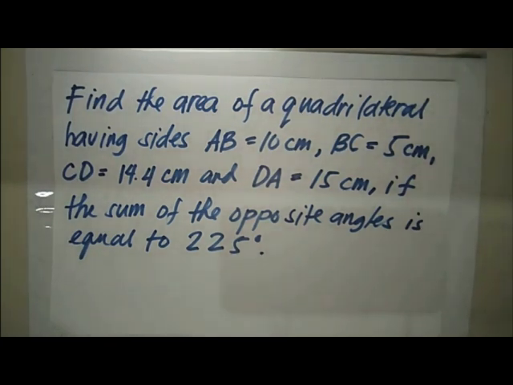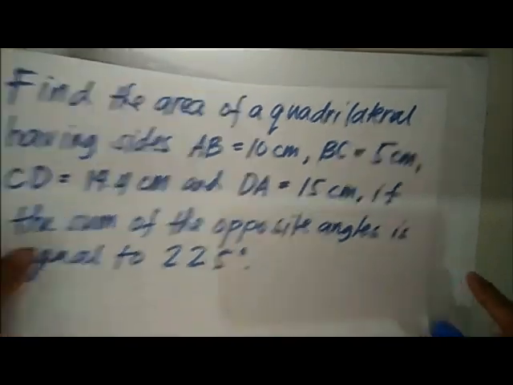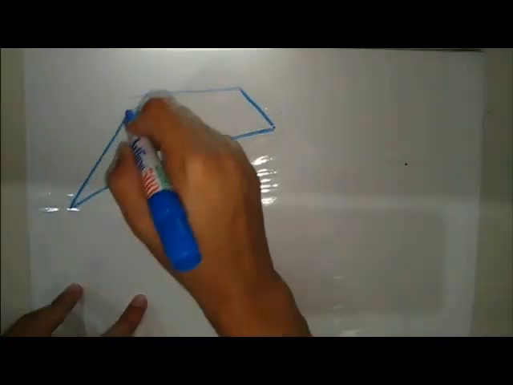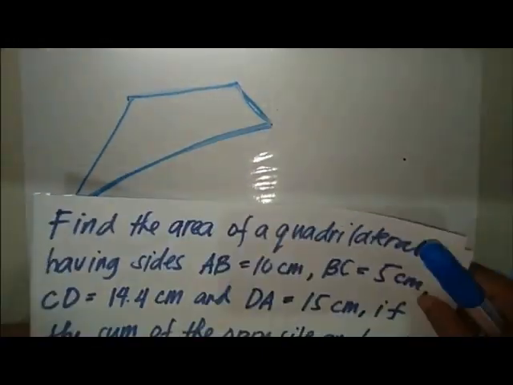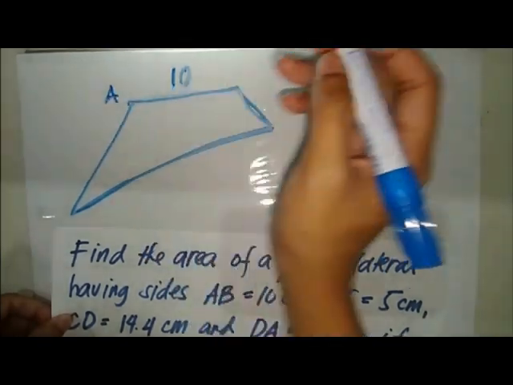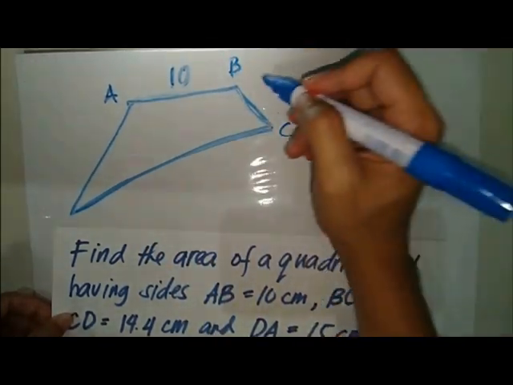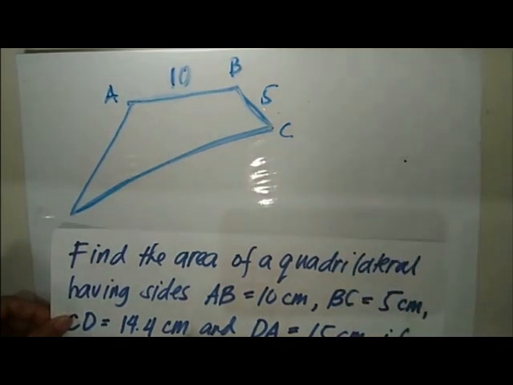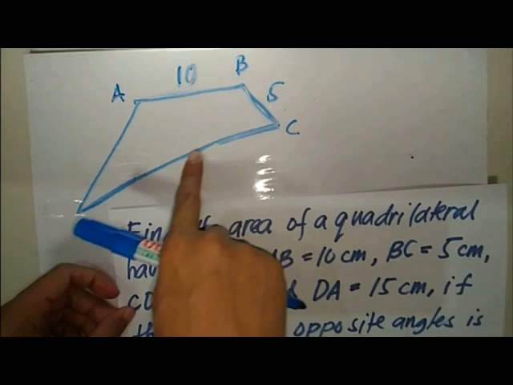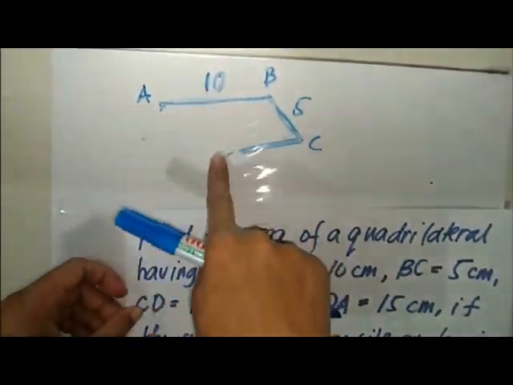If the sum of the opposite angle is equal to 225 degrees. So, A, B and C is 5. So, C and D, hindi siya naka-scale. But dapat realistic yung figure.